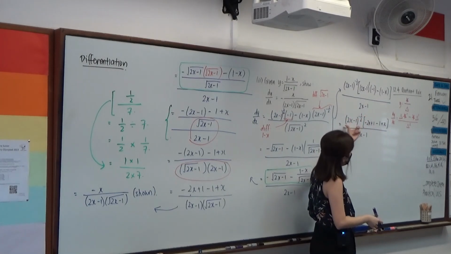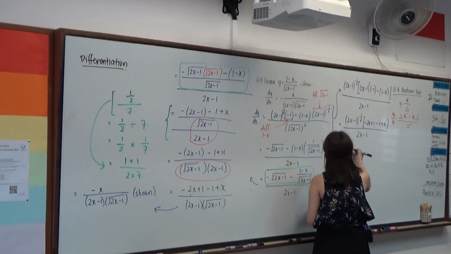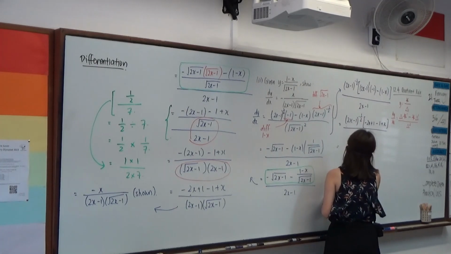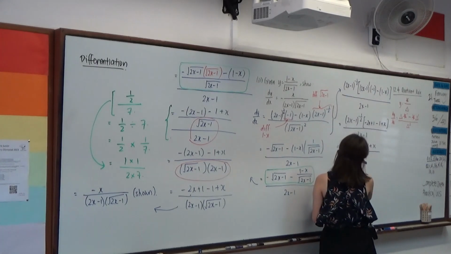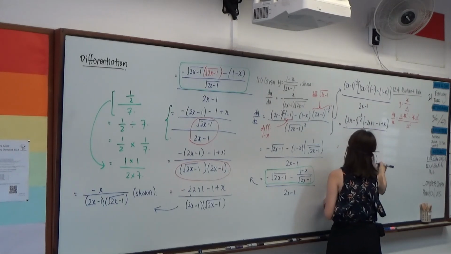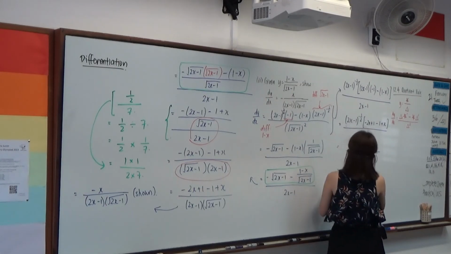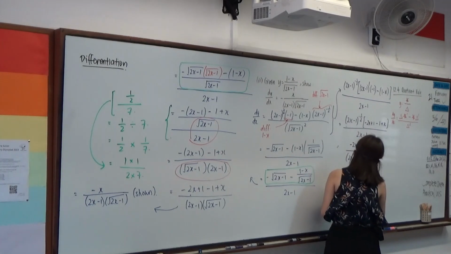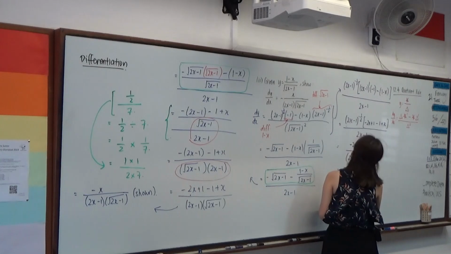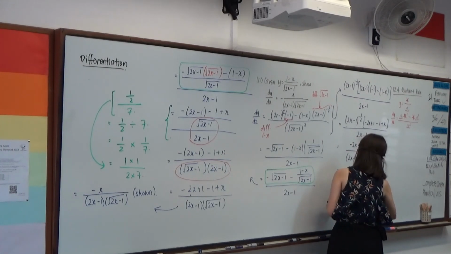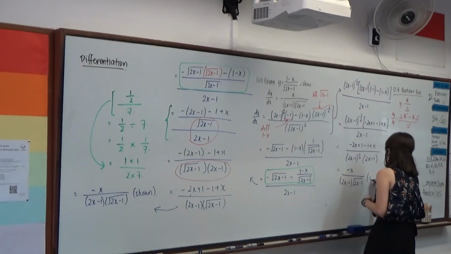Negative means that this thing can bring down to the denominator. So 2x minus 1 to the power of half times 2x minus 1. Then we have negative x over 2x minus 1 square root 2x minus 1. So that's how we show it.